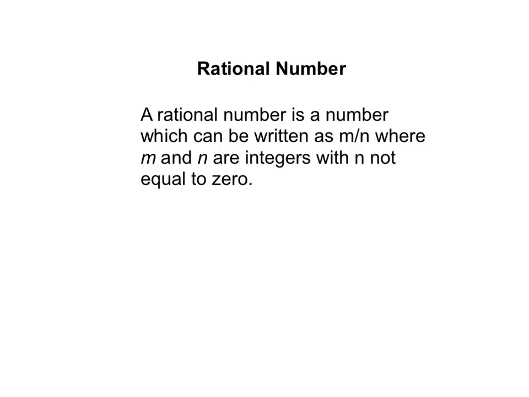So if I was given the decimal 0.4, and I need to write this in m over n form. So I know that the 4 is in the tenths place, and I have 10 as the denominator, so I can use 10 as the denominator.